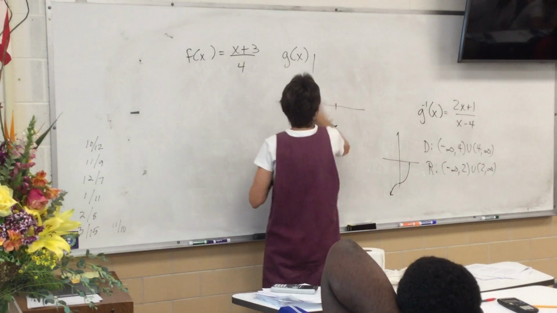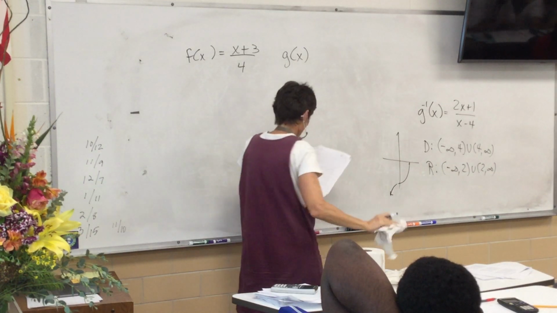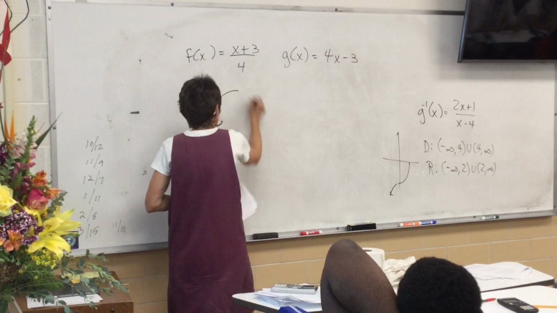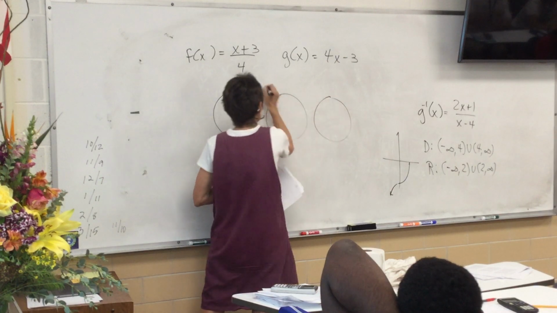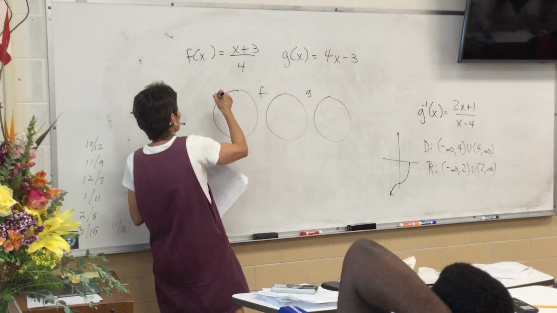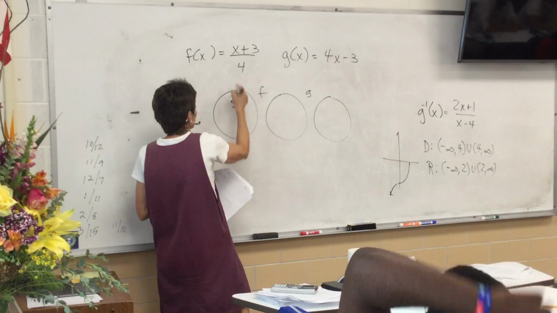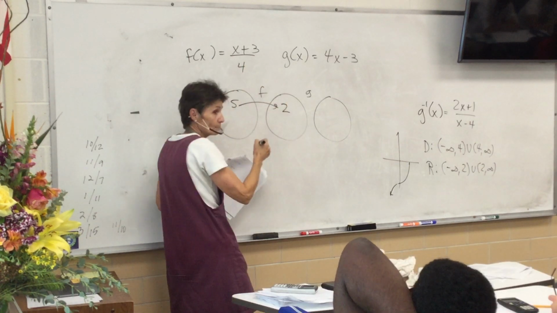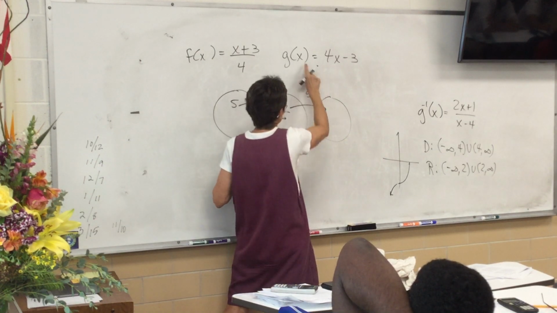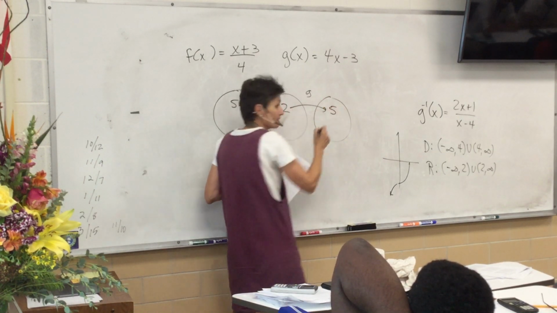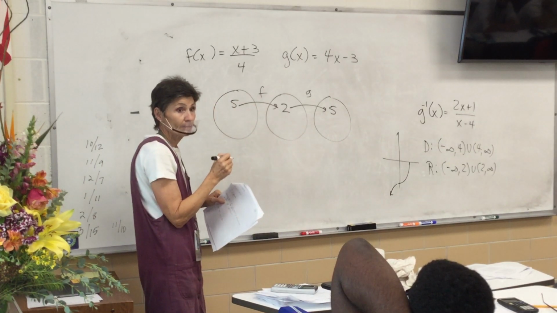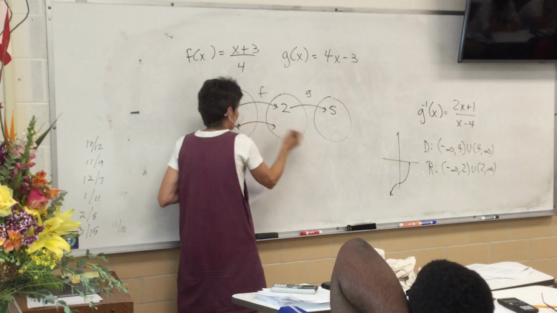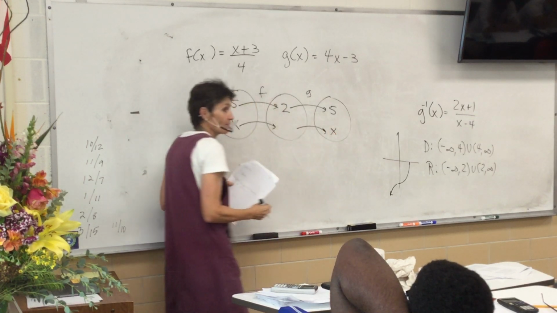If things are inverses, they undo each other. So that means, in specific examples, if these are inverses, if I plug a 5 into F, it would give me a 2. And then if I put the 2 into G, it gives me back my 5. Now, that has to be true for every value of the variable.